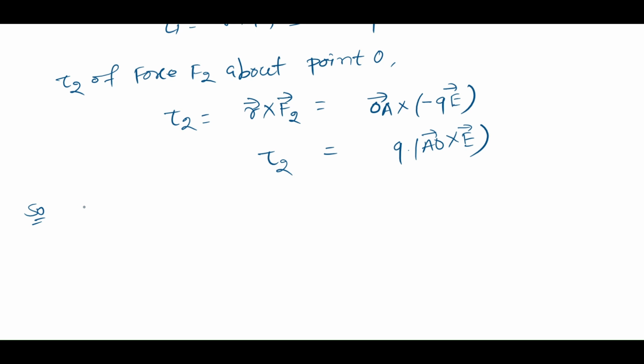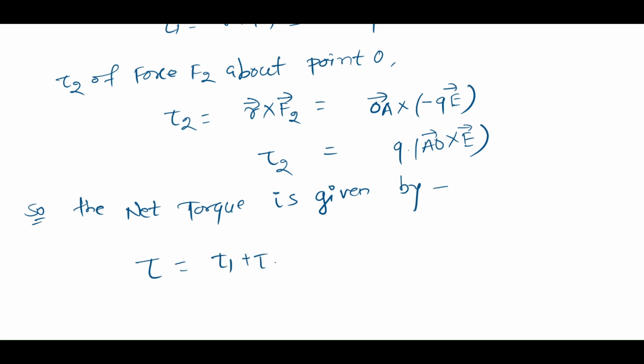So the net torque is given by tau equal to tau 1 plus tau 2.